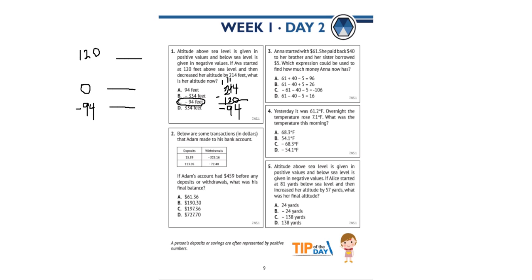Number 2. Below are some transactions in dollars that Adam made to his bank account. If Adam's account had $459 before any deposits or withdrawals, what was his final balance? Let's start out by adding the deposits and adding the withdrawals.